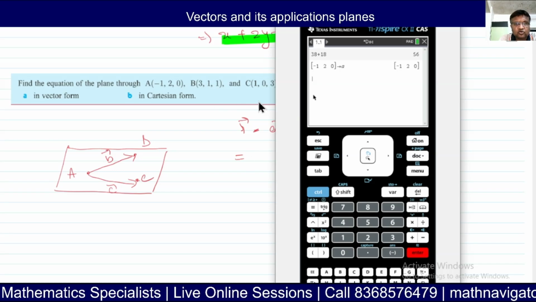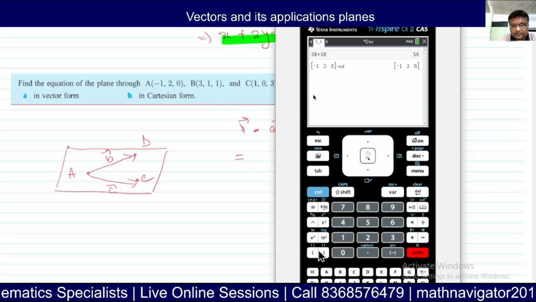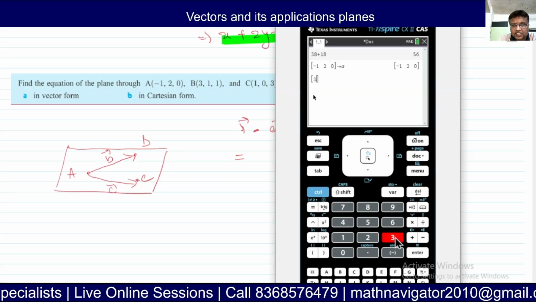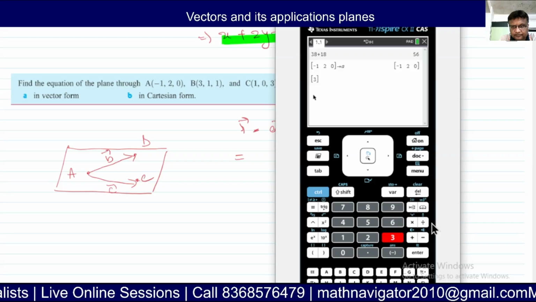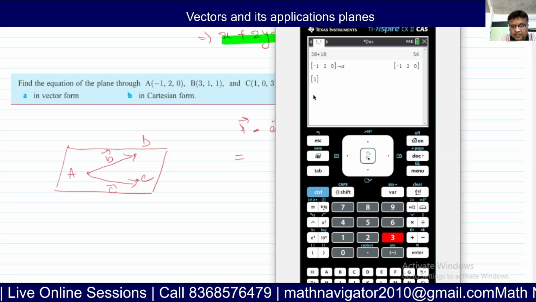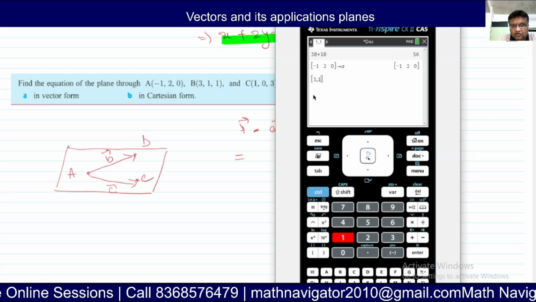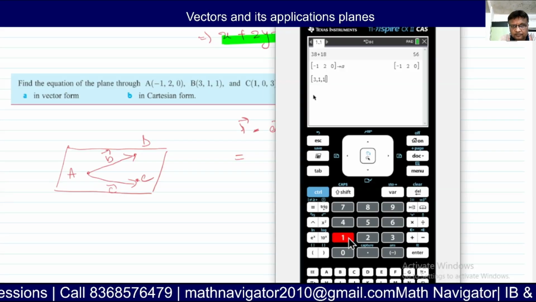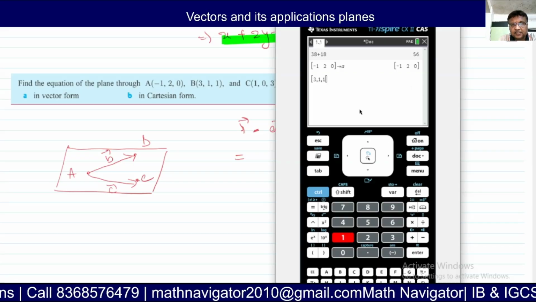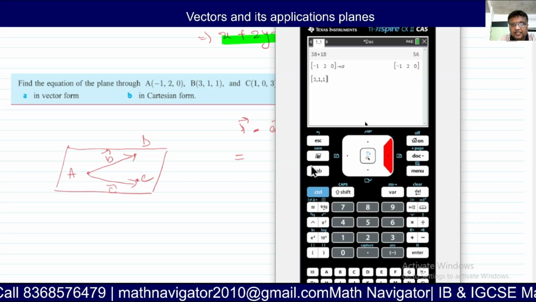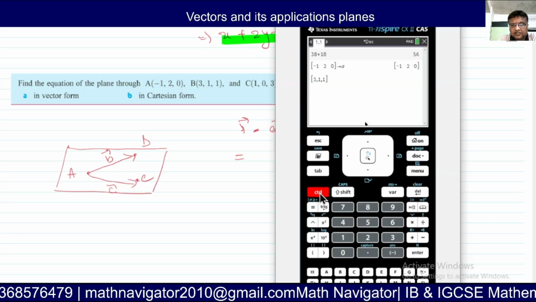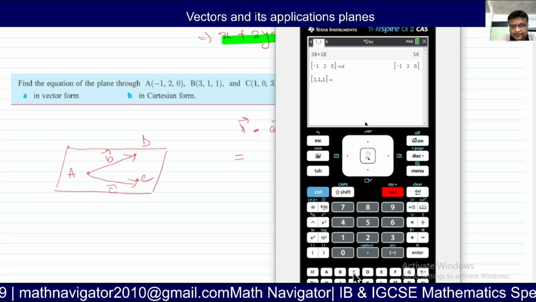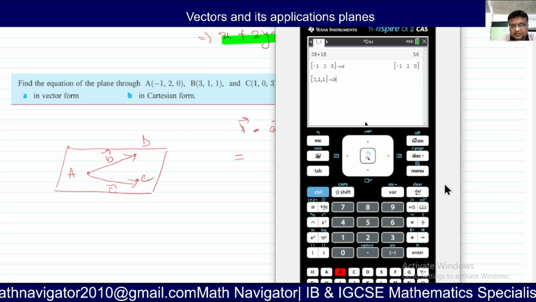Now I want to store my vector B, 3, 1, 1. I'll take this and then I'll put 3 comma 1 comma 1, right? Then I'll press this store again, and then I'll press B. Hit enter.